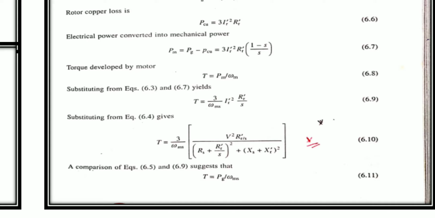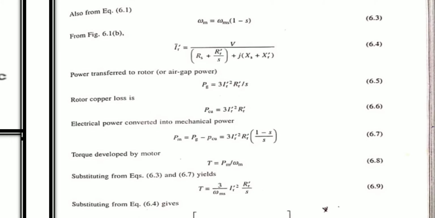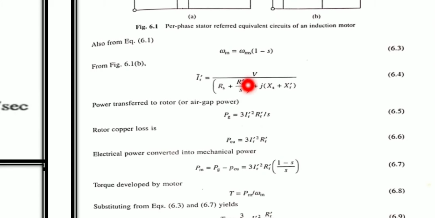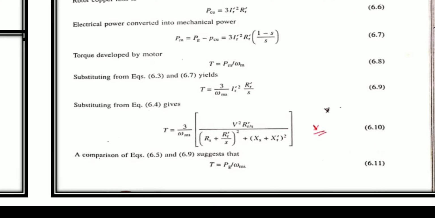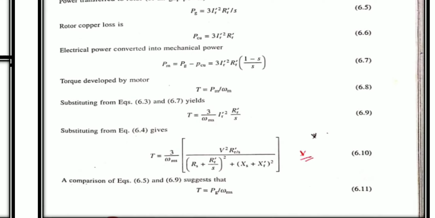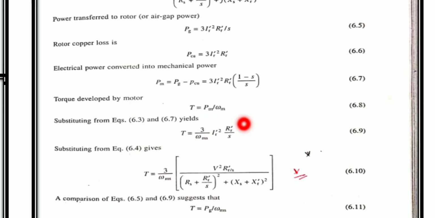Next, what we are going to do here. This is the basic comparison of equation 6.5, where 6.5 is the power which is developed in the air gap itself, P_G, and 6.9 is the torque itself. Now we know the torque equation: torque with respect to the power, mechanical power to the rotor speed, I had taken here.